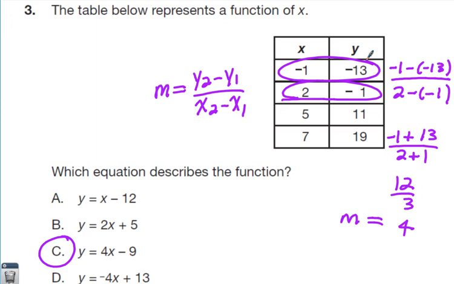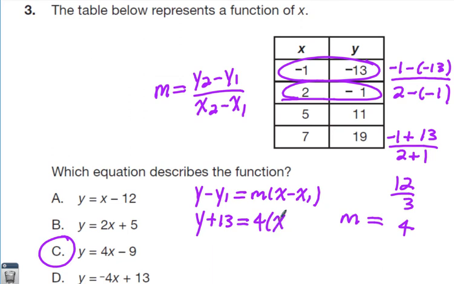You could keep this going and come up with the entire equation where I pick a point and plug in, what if I plugged in, I guess there should be y plus 13, and if I plug in -1, it's going to become +1, and I'm on a roll, I guess, so I'm going to keep going.